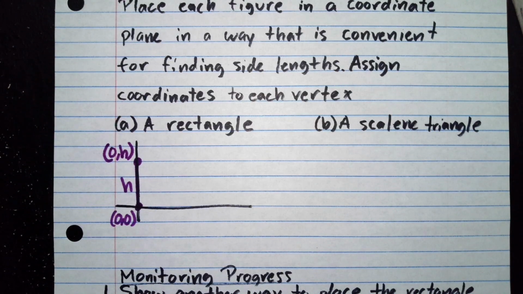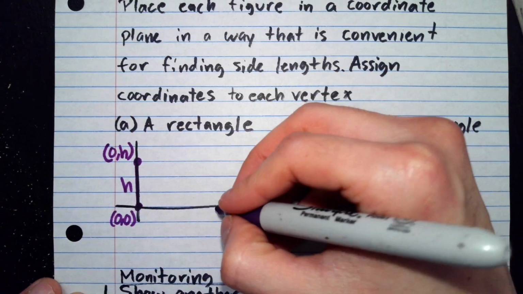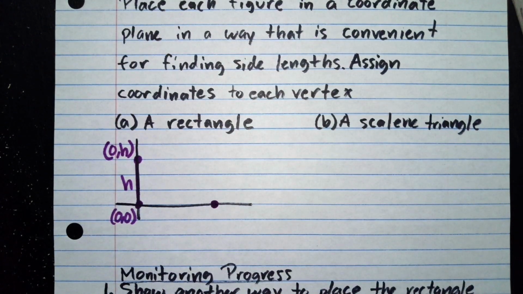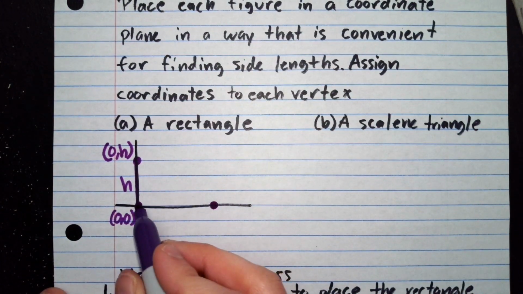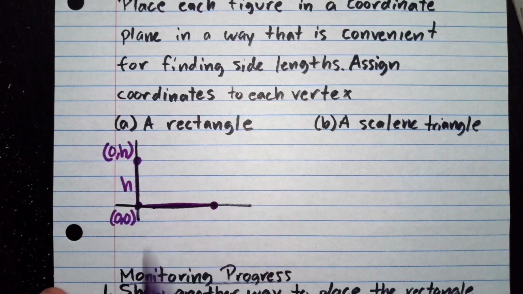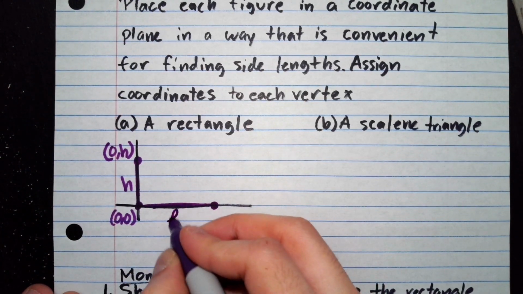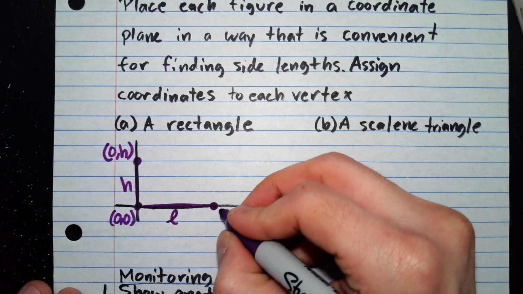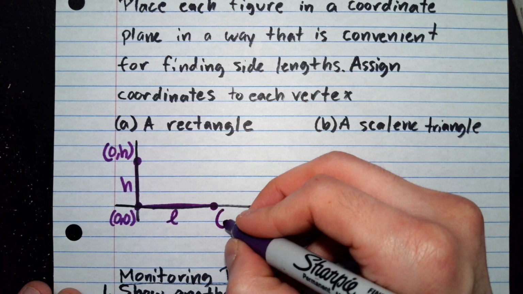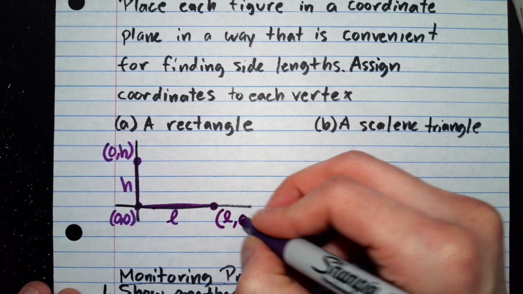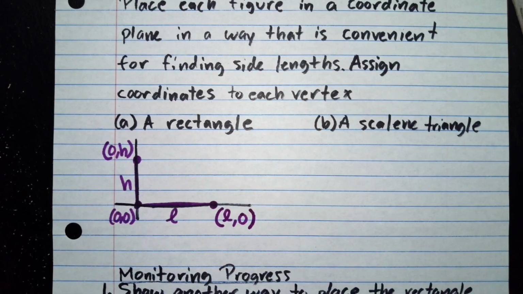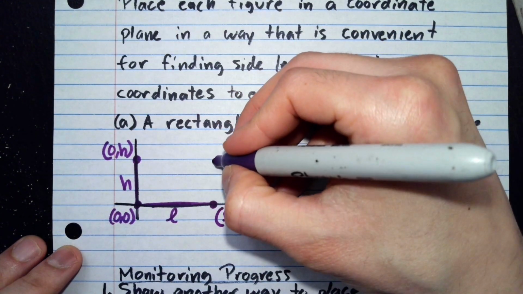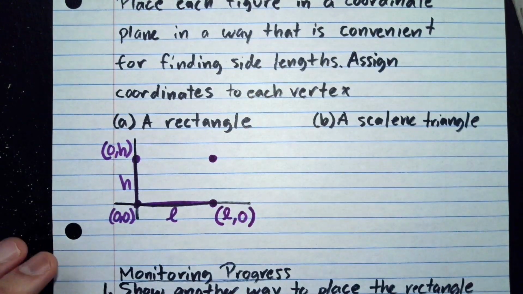So that's one of the side lengths for the rectangle. Now if I put the other vertex of the rectangle over here, and I want to call this my length, then I'm going to put an L right here, and so this point has to be L, 0. And lastly, we have 1, 2, 3 points. We need the fourth point for the rectangle, which should be right here.